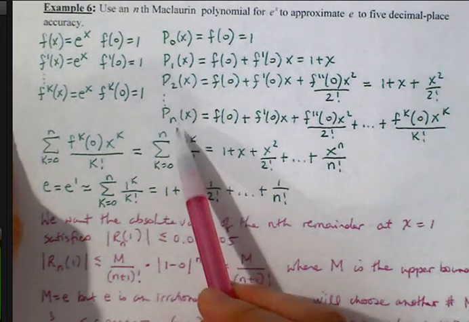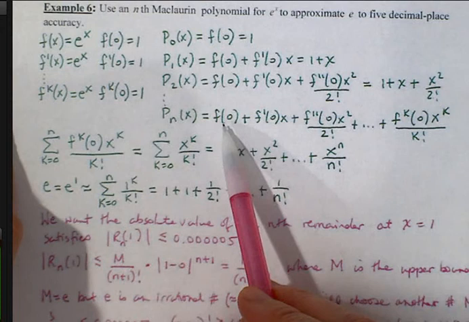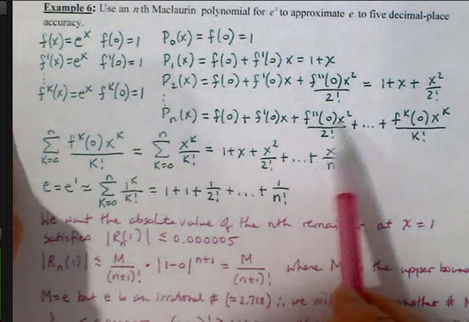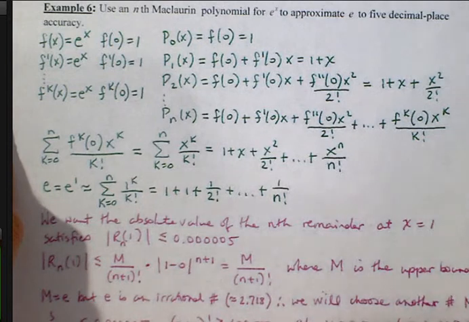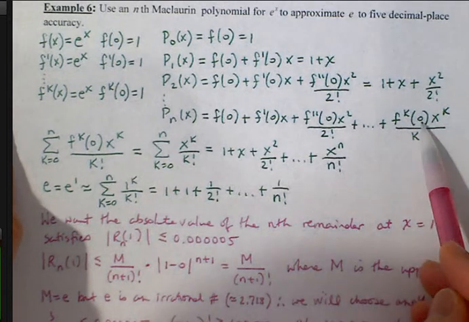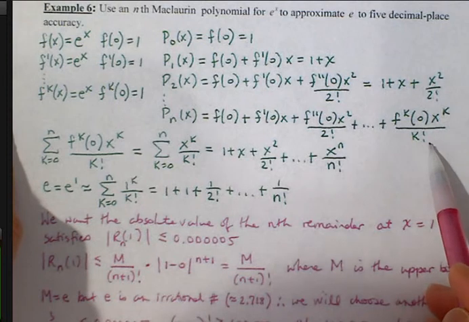And so the nth Taylor polynomial is f of 0 plus all of this, and then you have the kth derivative of f at 0 times x to the kth power all over k factorial.